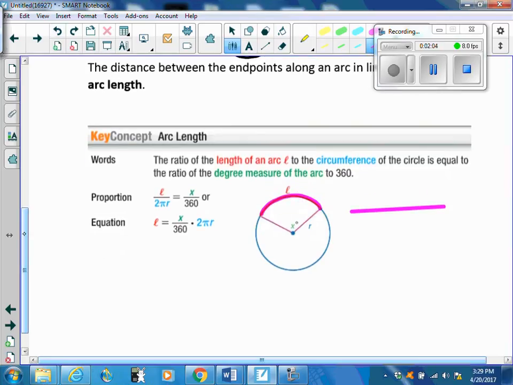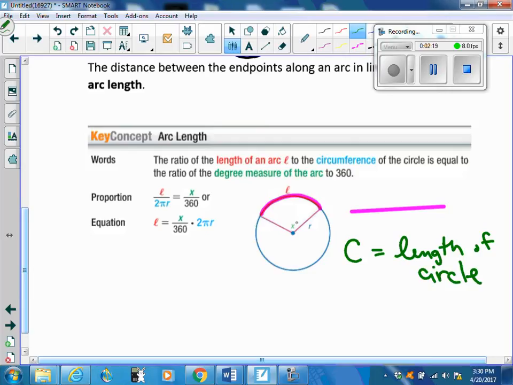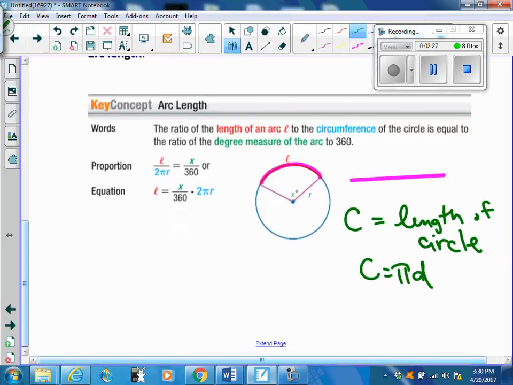So when I think about length, I already know a little bit about length of a circle. I know that length in a circle is the circumference, and the circumference is pi times diameter. So I know I can find how long this thing is all the way around. I have a radius here if I've got an arc, and I know that my diameter is 2 times my radius.